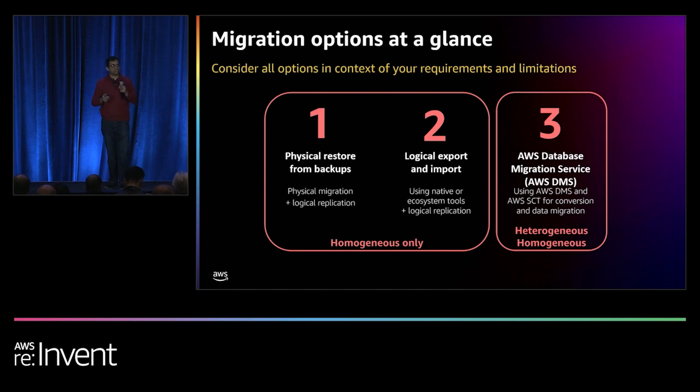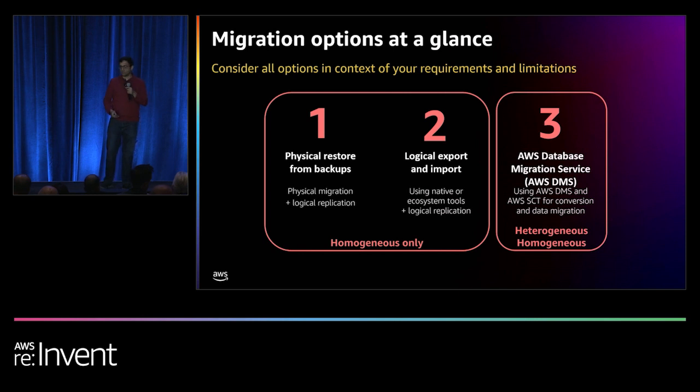For the homogeneous process, typically the native method performs well. For example, for Aurora MySQL with a MySQL source, you can take a Percona XtraBackup, restore it to an Aurora cluster, and changes can be replicated via binlog replication. Maybe for Postgres, you can take a pg_dump, restore it, and set up PG logical replication for near-zero downtime migration.